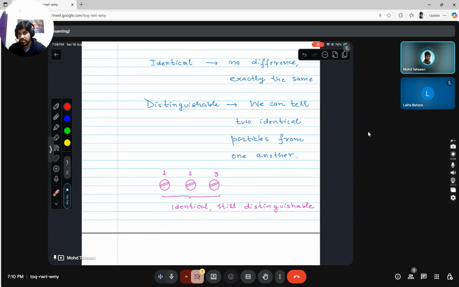There is no difference in any of their attributes like color or size or weight, but still there is some attribute: the ball in my left hand will continue to be in my left hand always, and the ball in my right hand will continue to be in my right hand unless I change them deliberately. So these particles are distinguishable and identical, right? And this is the case for all classical particles.